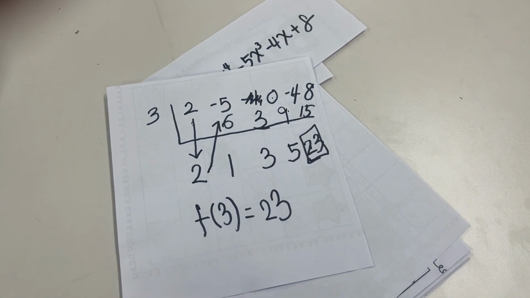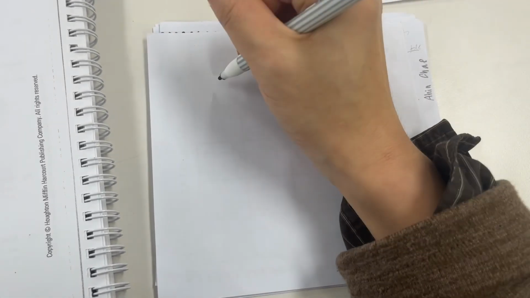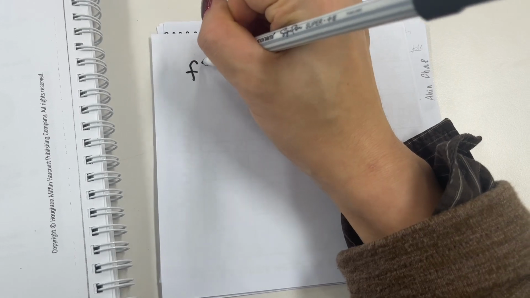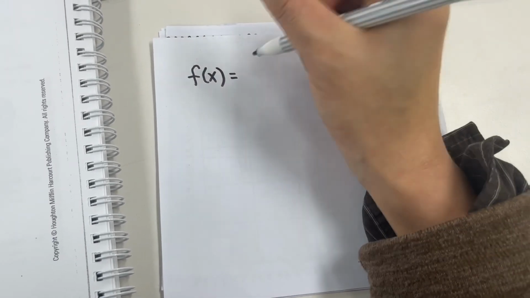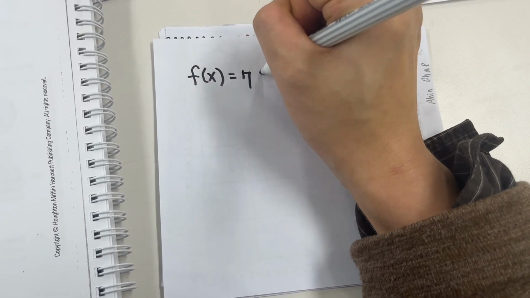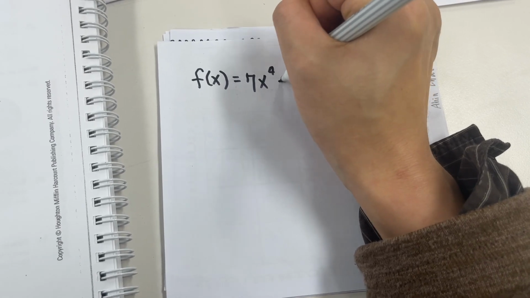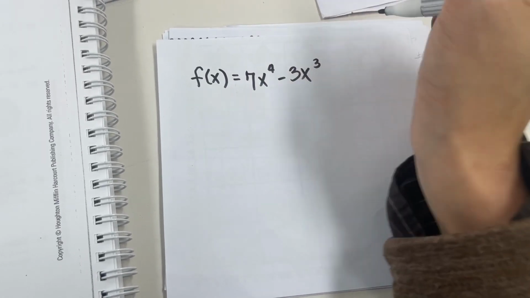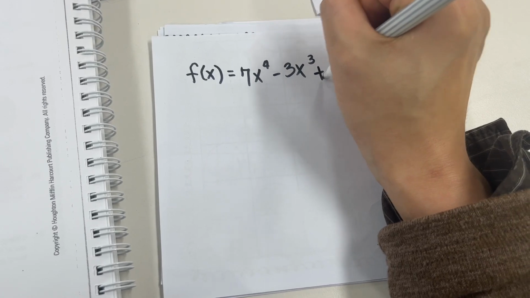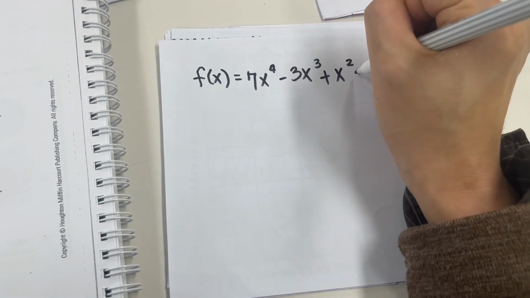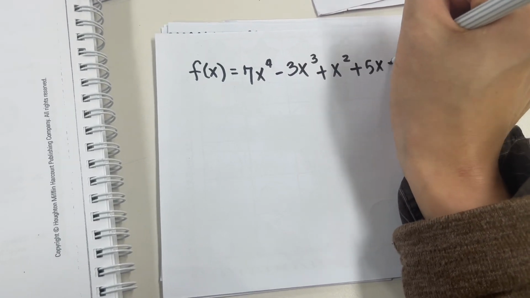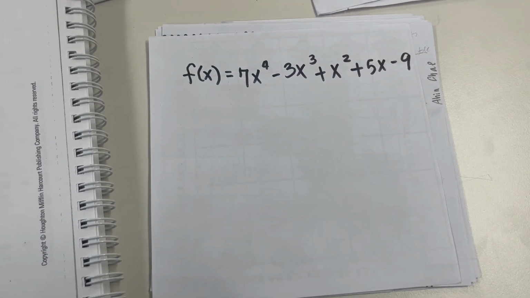Ta-da! Quite simple, right? So let's go ahead and use an example from our extra practice workbook. I'm going to use number 6, which is another quartic function. So function of x equals 7x raised to the power 4 minus 3x cubed plus x squared plus 5x minus 9.